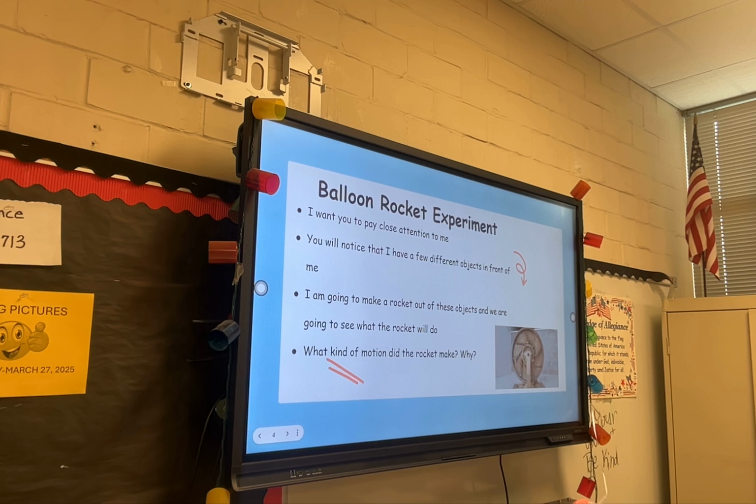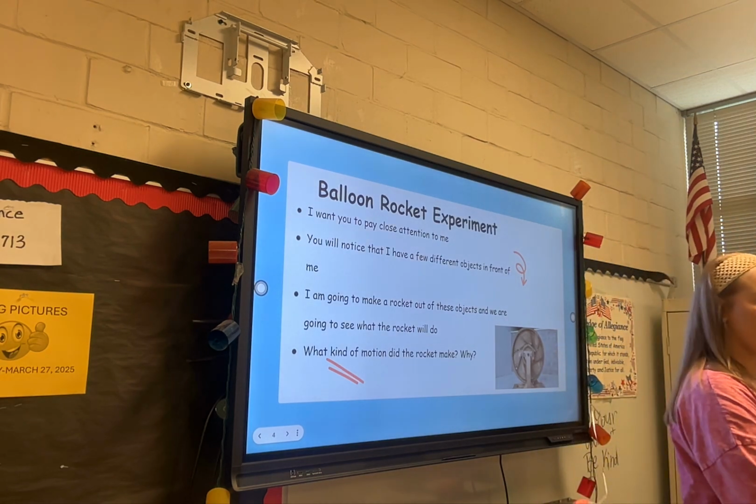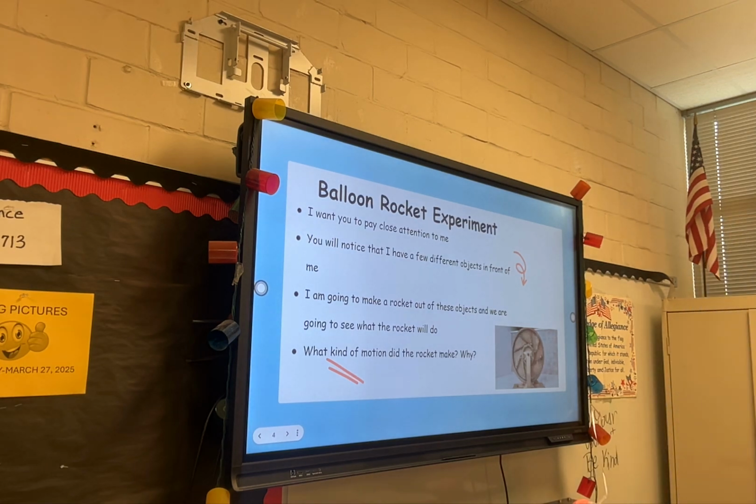Then all the air came out of the balloon and it kind of gave it a what? Push. So, do you think force plays a role in motion? Do you think force and motion have a lot to do with each other whenever objects move? Because sometimes in order for objects to move, we have to push or pull.